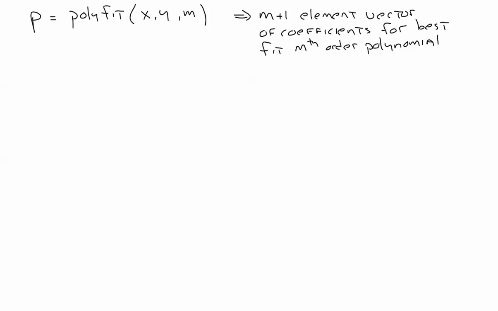The polyfit function in Matlab gives back to me a vector P that has m plus 1 elements, and those elements are the coefficients for the best fit mth order polynomial curve.